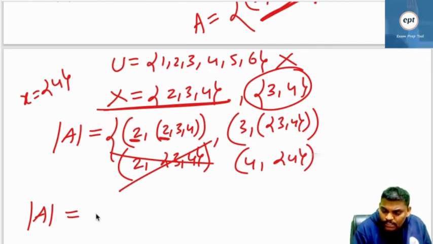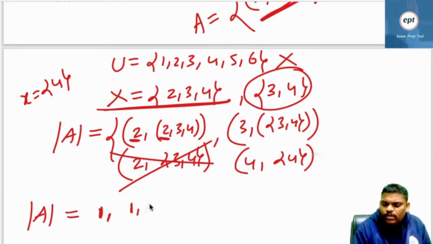If you take 1 as fixed, 1 should be there. The other elements have a choice, but 1 should be there. How many other elements? n minus 1. For n minus 1 elements, how many subsets are possible?